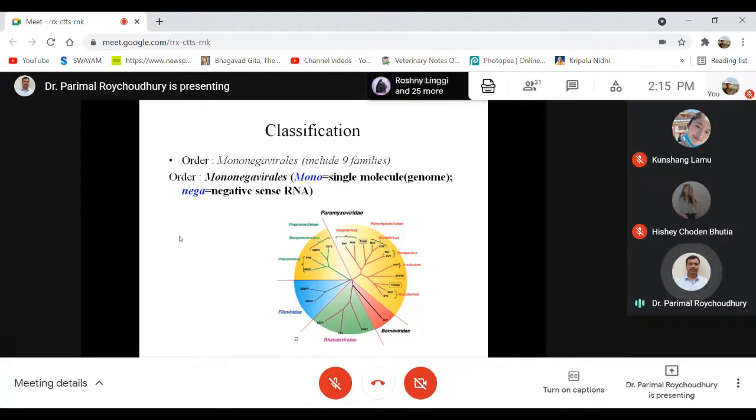So Mononegavirales. The suffix virales means it's an order. This order contains 9 different families, and there are many important infections in animals as well as in humans, including poultry. We are not going to pick up all these infections.